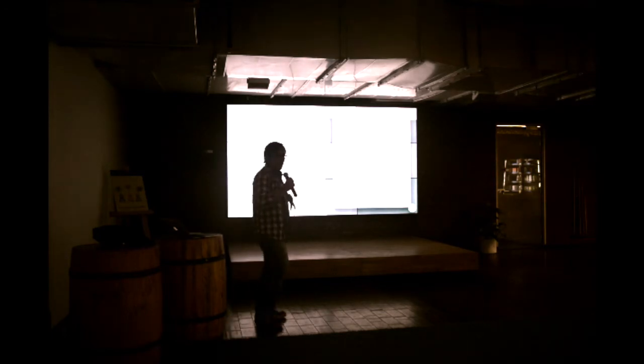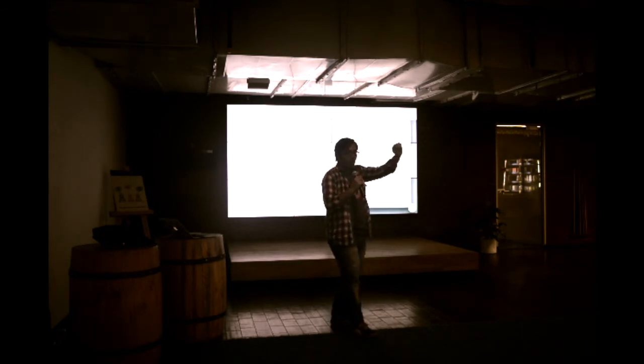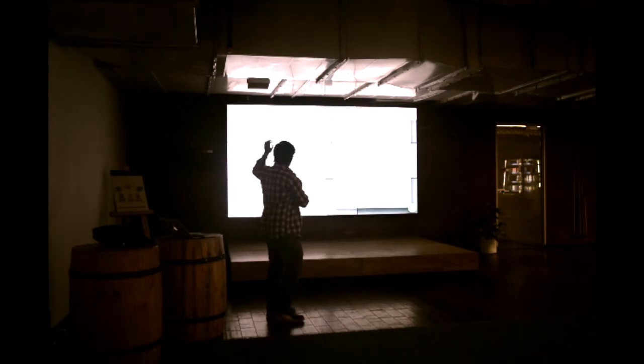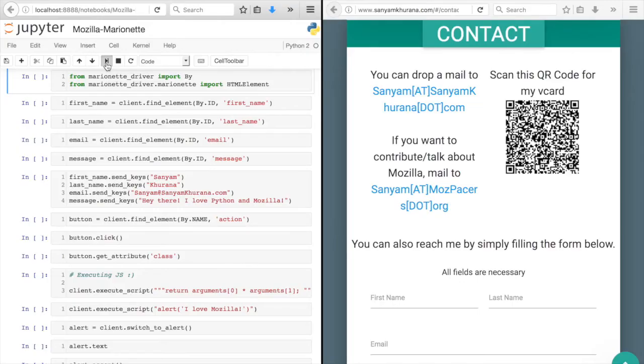When you have a DOM, you have a set of nodes. You have a tree-like structure, and every node is referenced here, right? So what we do is we get the first name by ID, which is essentially this. We'll get last name, email, and message.